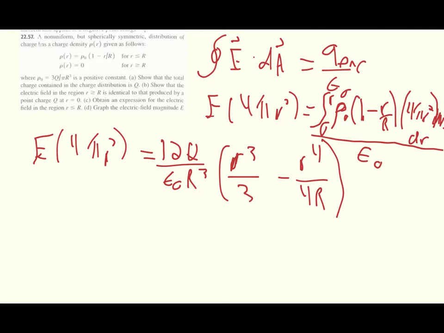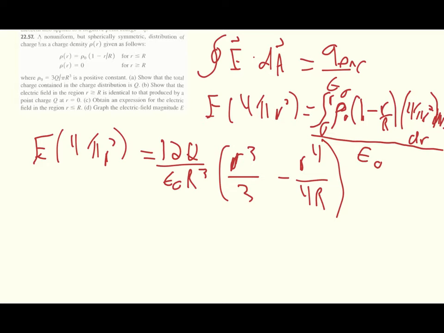Really, essentially, that is the answer. But the answer that I give you in the key looks different than that. So to make it look like that, we're just going to move everything over slightly.